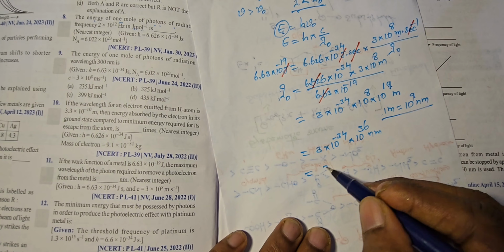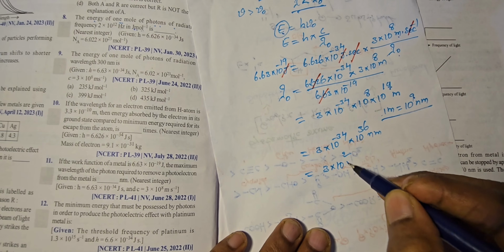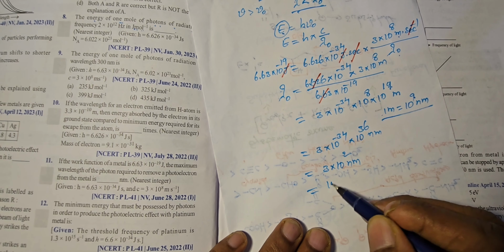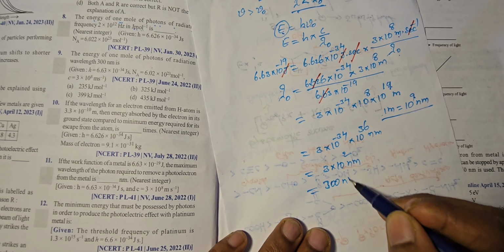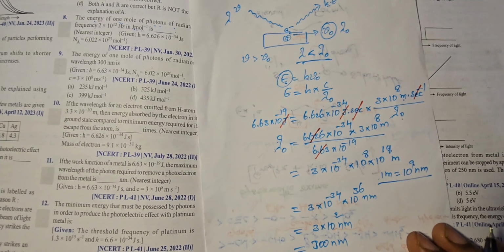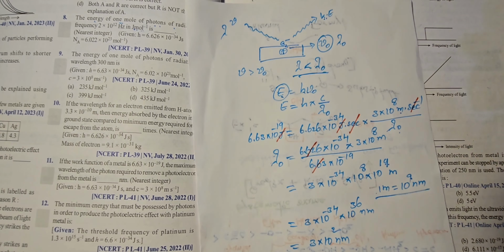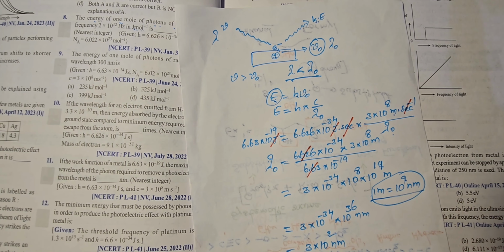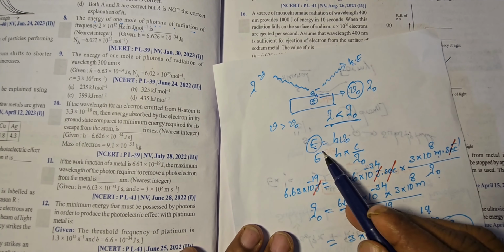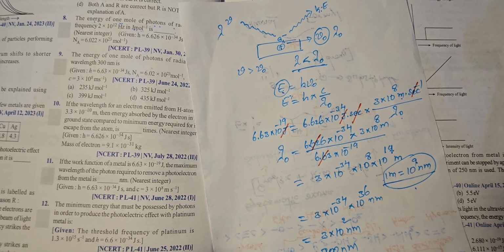How much is remaining? 3 into 10 square nanometers remains. The answer is 300 nanometers, students. For physical chemistry students, you need to memorize unit conversions, compulsorily. If you have clarity on formulas and unit conversions, then physical chemistry is easy.